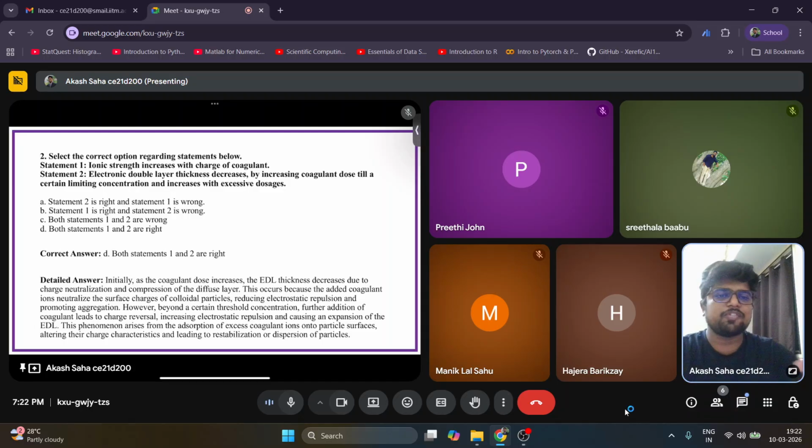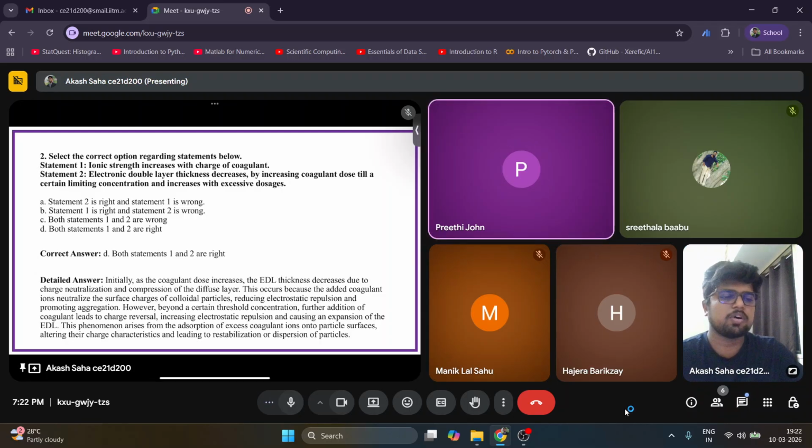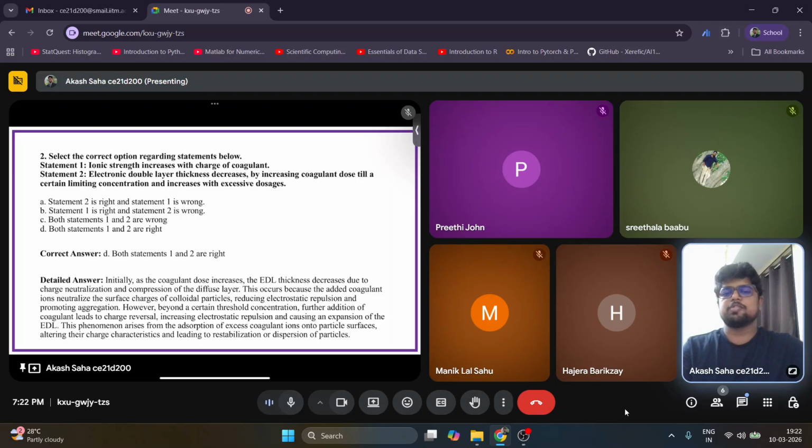We will see one figure later in one of the questions, like how it happens, but I hope you are able to understand. Is it fine or should I draw and make you understand? Maybe later. Okay, we will solve that problem and we will see. So just try to remember, we have a particle over which we have some negative charges.